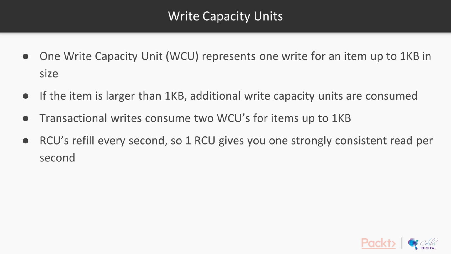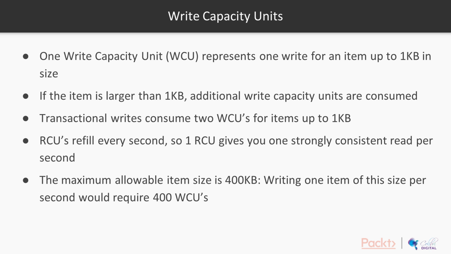So one WCU gives you one write per second. Now a key thing to note is the maximum allowable item size is 400 kilobytes. Writing one item of this size per second would require 400 WCUs. So do keep that in mind when you're writing to your DynamoDB table.